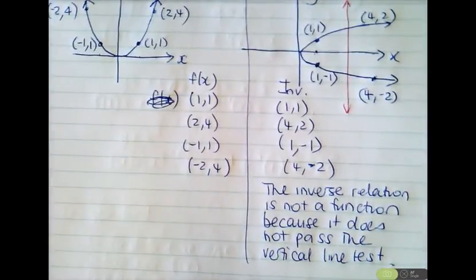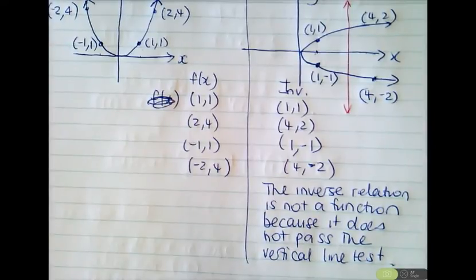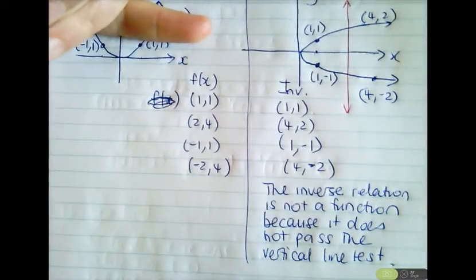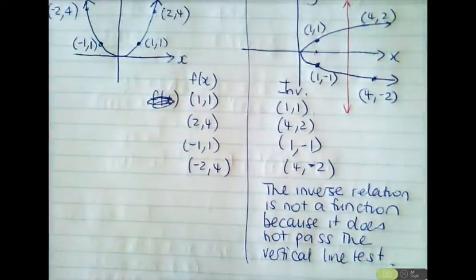isn't it easier to look at the original function? If the original function passes not the vertical line test but the horizontal line test, so if the original function does not pass a horizontal line test, the inverse relation will not pass the vertical line test.